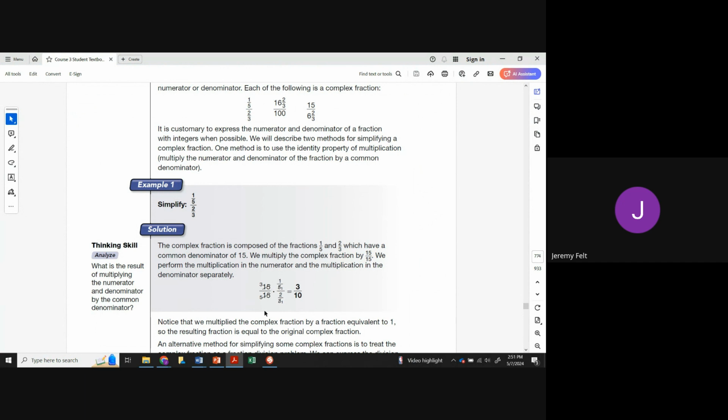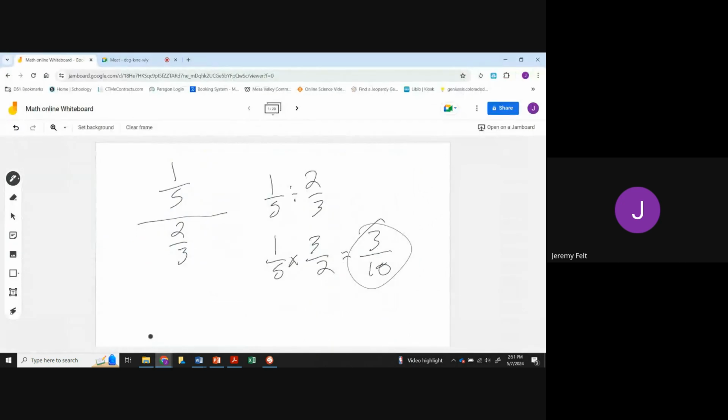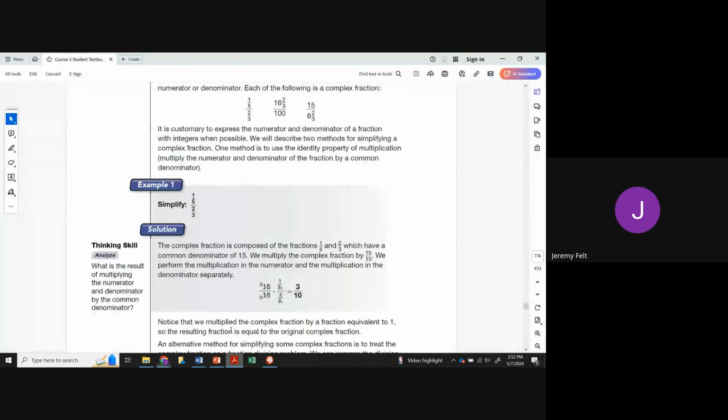So we get 3/10. I think doing it the first way, for me, is a little bit easier because it's just division. I'm not having to think of these common denominators and then converting to just multiplying at the end. I'm just seeing this as division and then performing the division. But either way, we're going to get to the same answer if we do everything correctly.